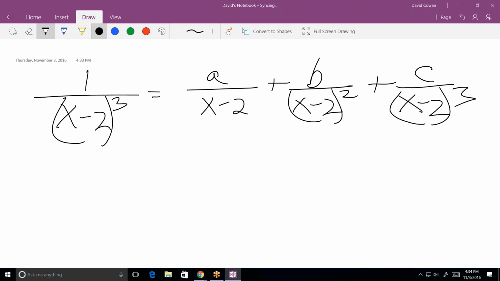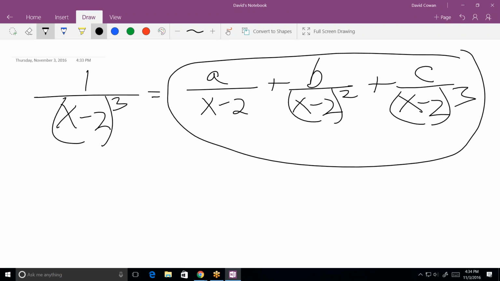Whenever you have a linear term raised to a power, you have to have every one of those degrees as a denominator. Because it might be like that. In other words, if I gave you these 3 fractions and said add them together, your common denominator is x minus 2 cubed.